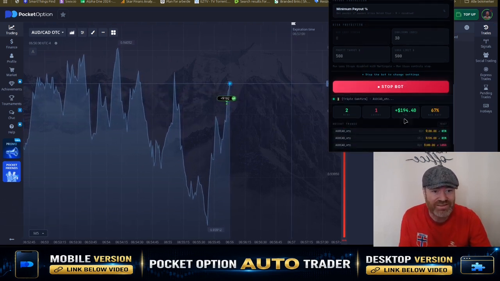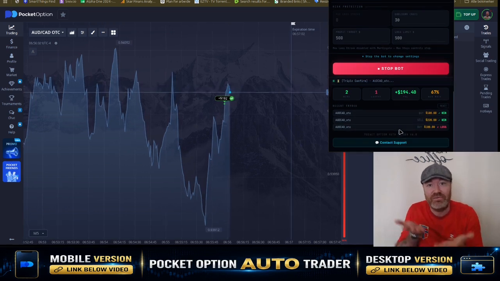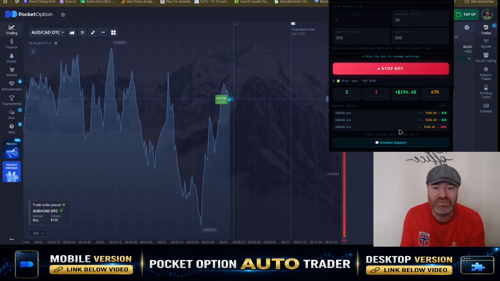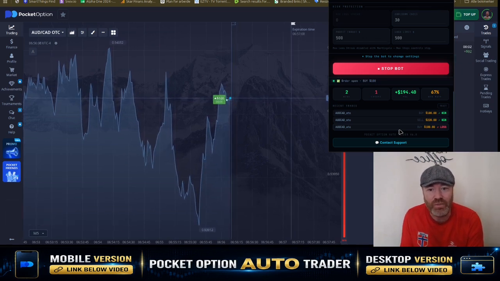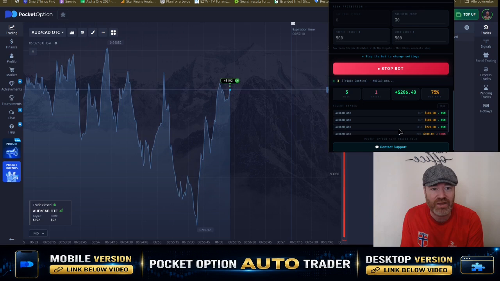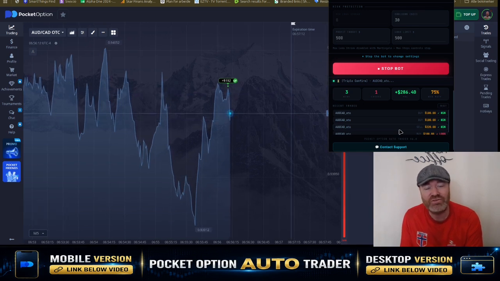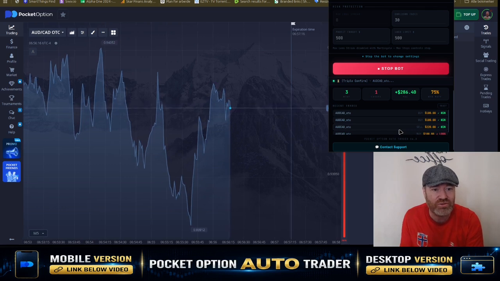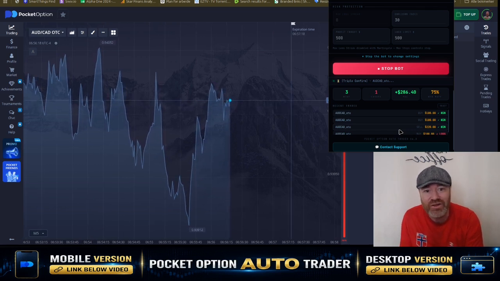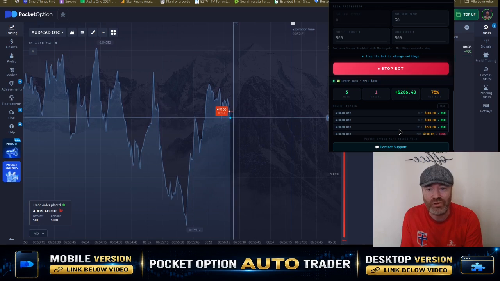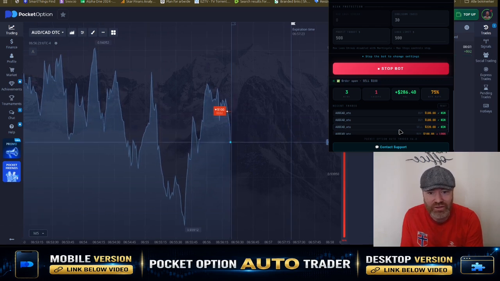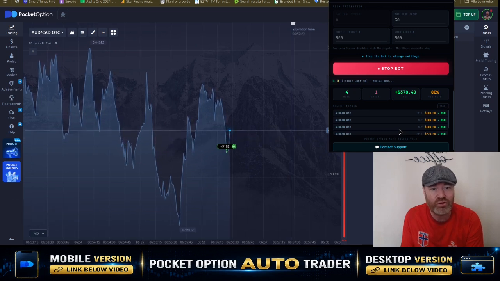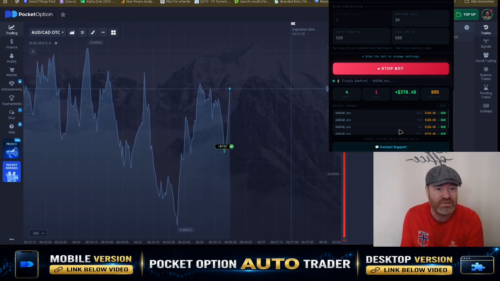So now we are at 67. The thing is, I believe that this strategy should be about 70%. That is what I have seen in the past. I was expecting around 75 and we are there now. So let's see if we continue this way. We got a little bad start, but I think this will end up good. So now we got a sell trade and it looks like a huge winner. We are getting closer to our target. Let's see.